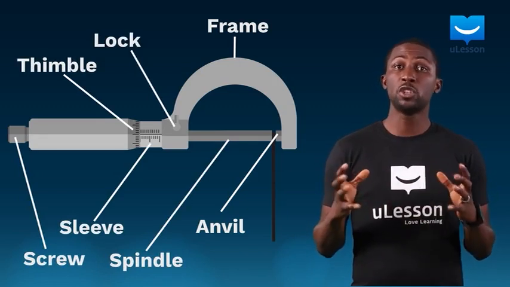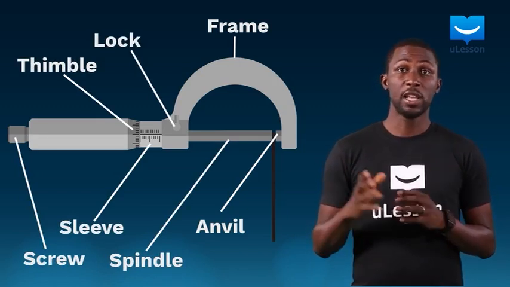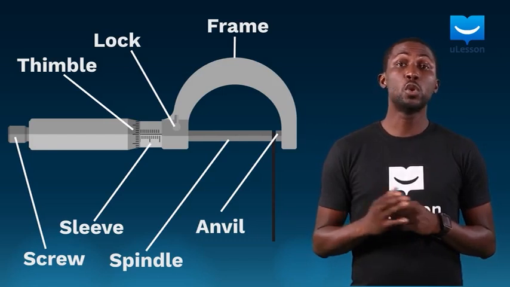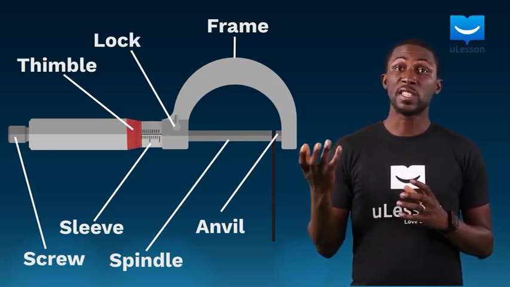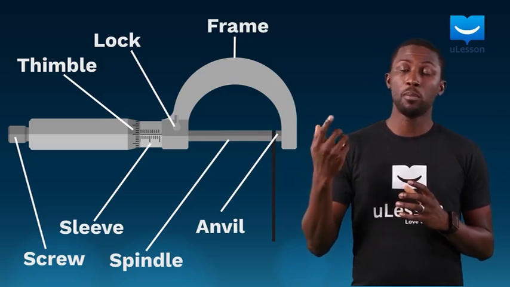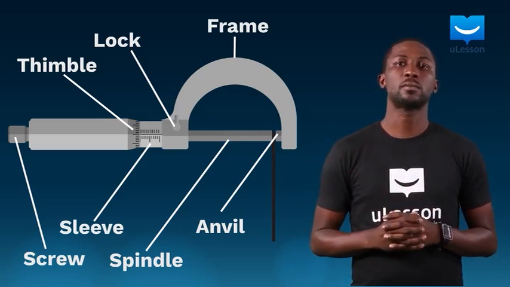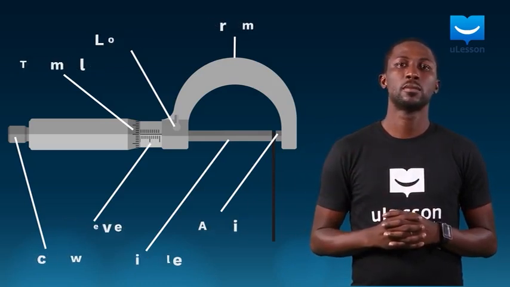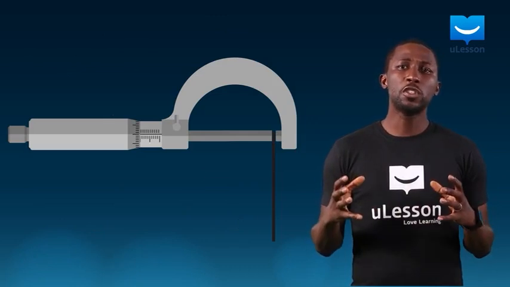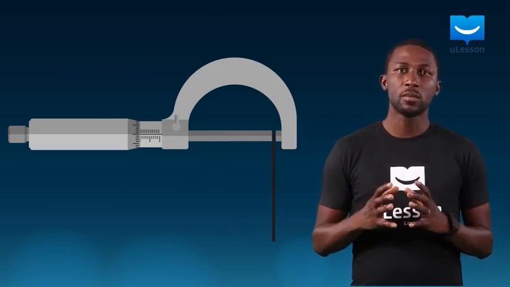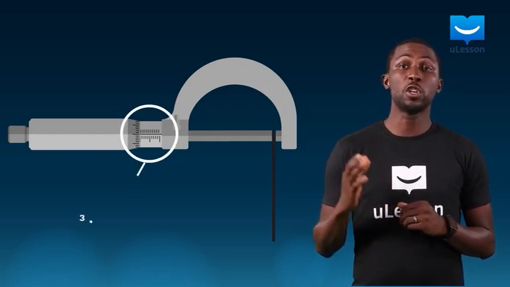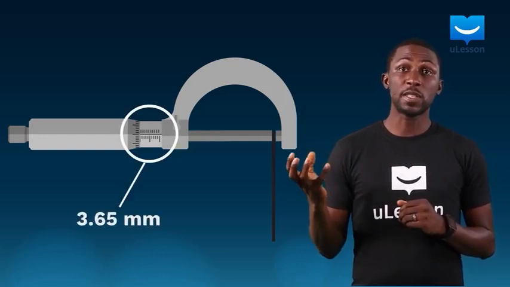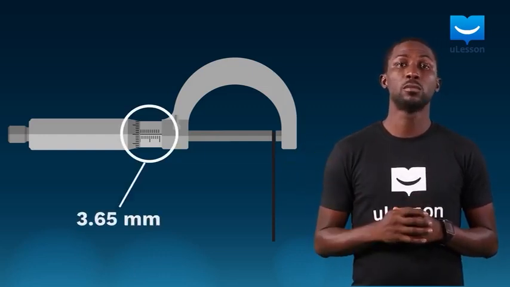It also has two measuring scales. It has the vertical section that looks like a meter rule and also a horizontal section that is circular and this screws up or down. So, when the jaws of this gauge are tight, you read the vertical section and also note the corresponding mark on the circular scale after the thimble.